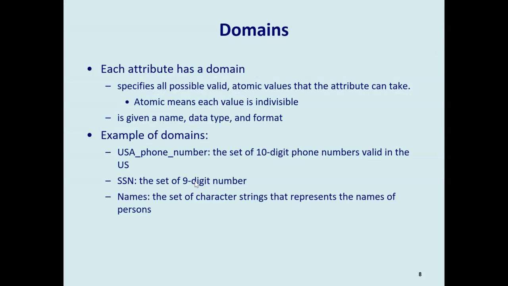For the SSN, that will be a set of 9-digit numbers. For names, a person's name should be the set of character strings that represent the names of persons. Sometimes we also have state name, product name, and class name, and that's fine as long as the name makes sense and satisfies the data format and data type definition of that attribute.